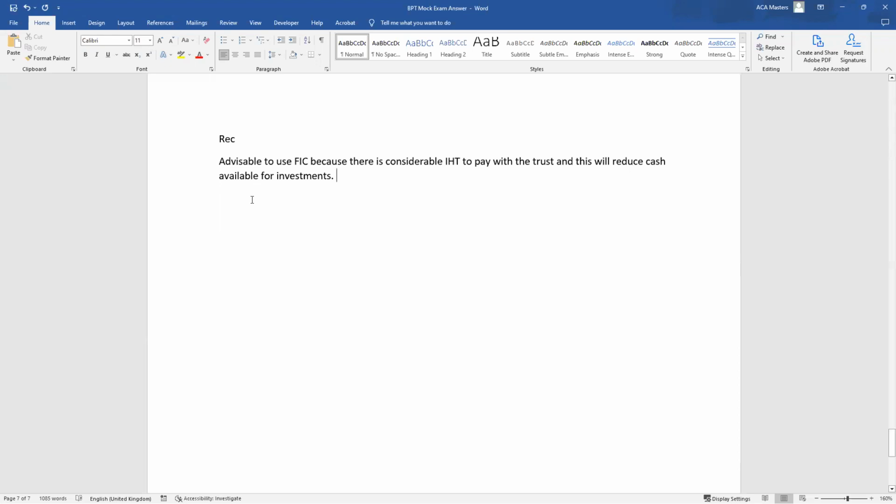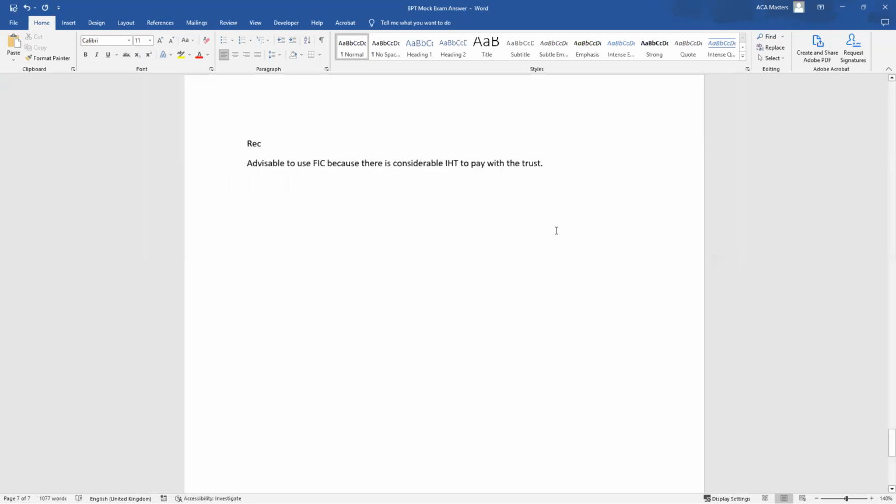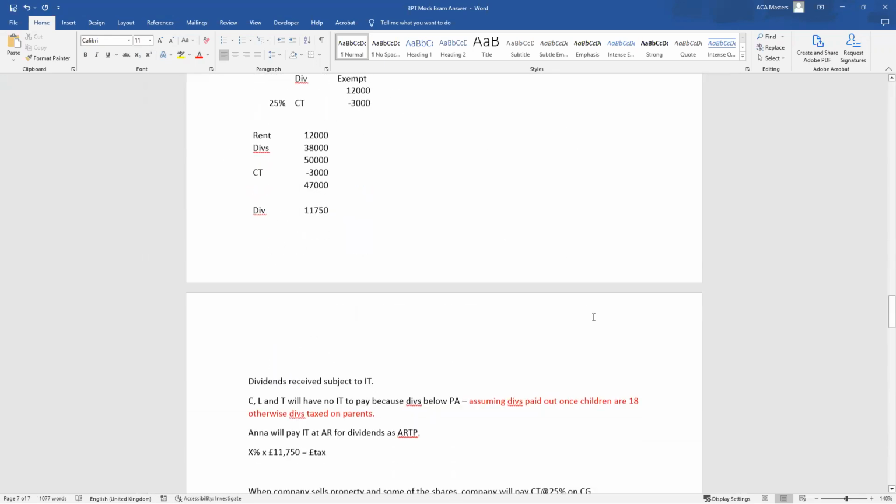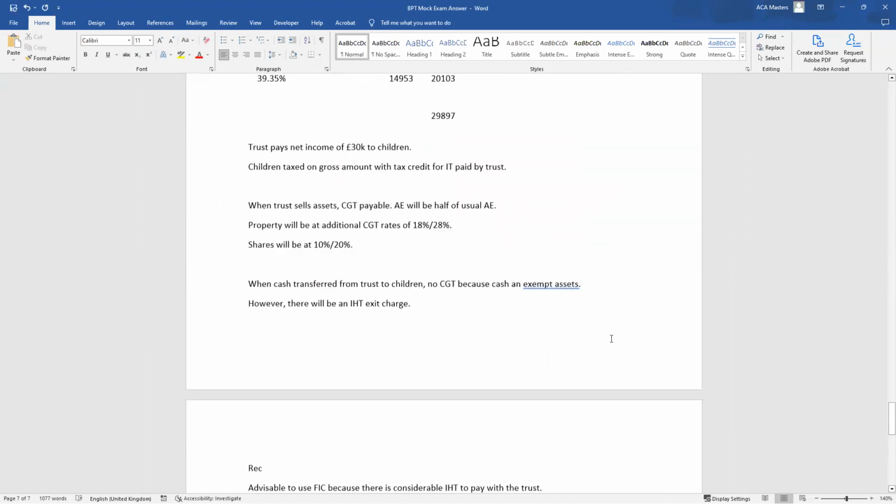You could put something like that, but even just saying, because there's considerable IHT to pay with the trust, would do. This was 25 marks, and we've already got plenty here to get full marks, maybe even enough for a 30-mark question.